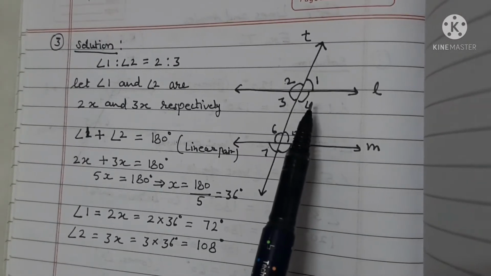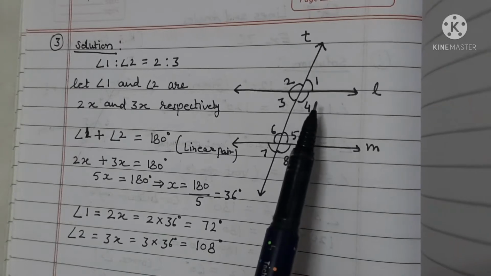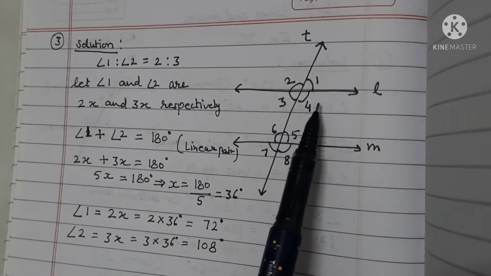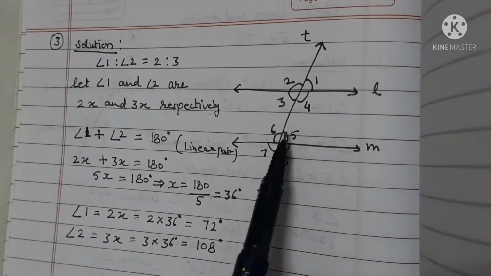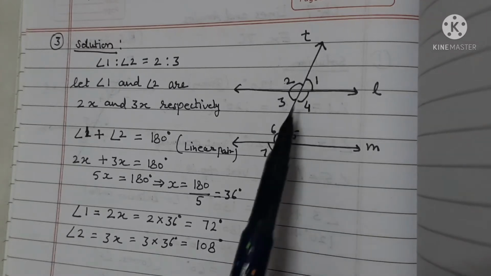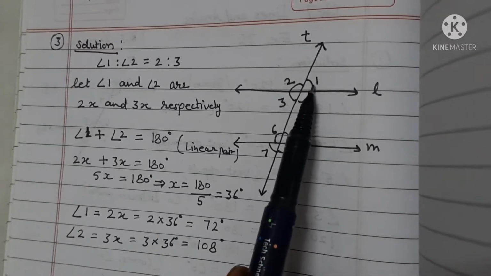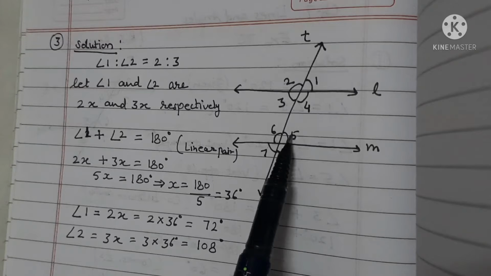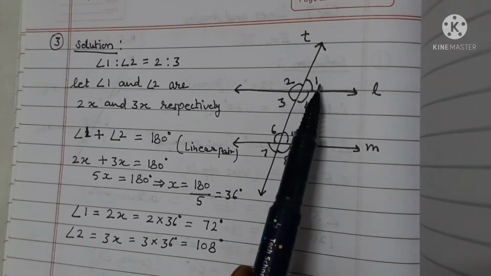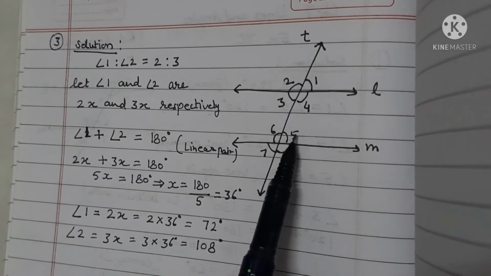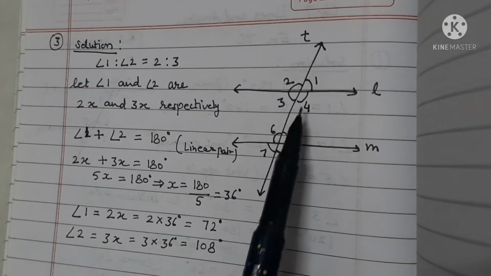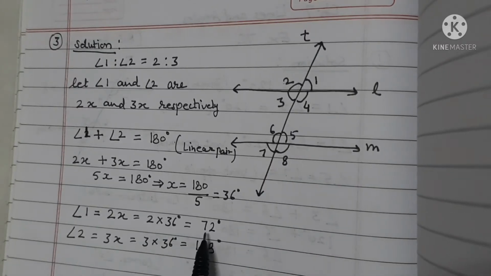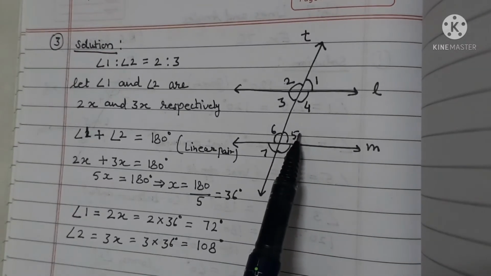Now take the pair of angles which are related to each other, angle 1 and angle 5. These are a pair of corresponding angles. So angle 1 is equal to angle 5. It means angle 5 will be, what is angle 1? 72 degree. So this is also 72 degree.